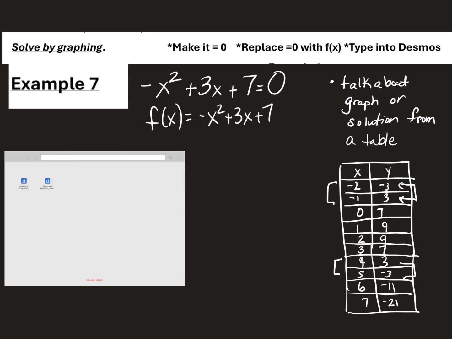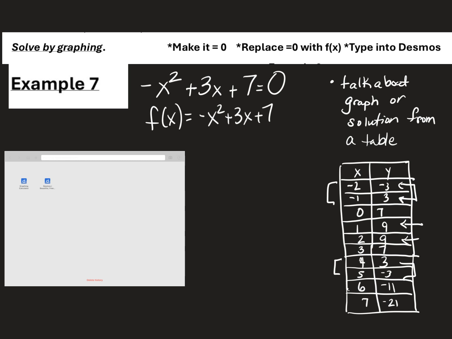I want to show you another thing that you know by looking at this table. I know where, or close to where, the vertex is of this quadratic. When you see two numbers that are the same, the vertex is going to be in between those two numbers, because these two numbers are reflections of one another. 1, 9 and 2, 9 are reflections across, not the y-axis, but across the axis of symmetry.